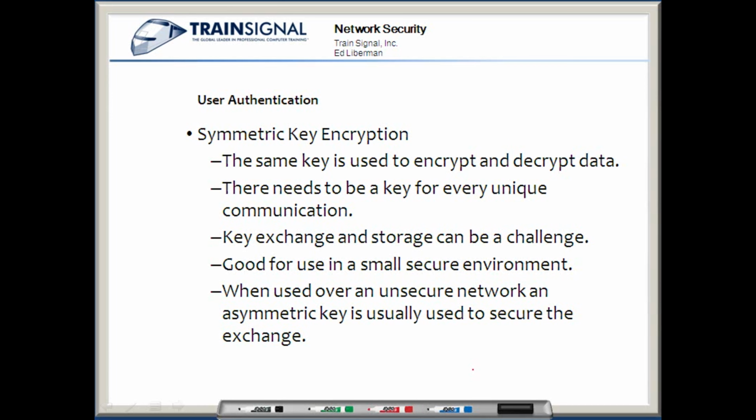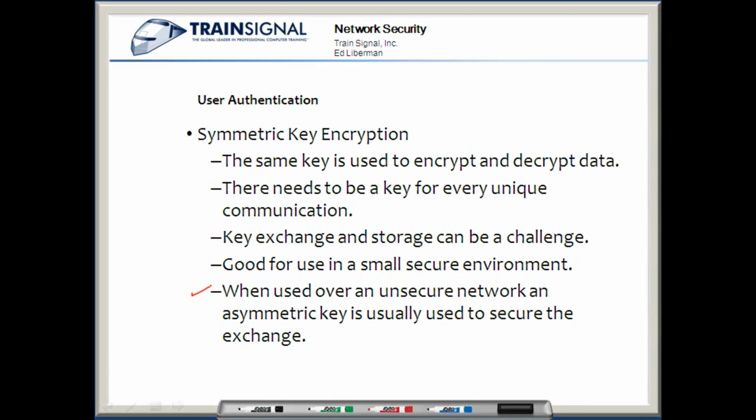If I say to you, hey, the key is going to be that we go up 2 letters, someone might hear that, and now that communication has to be secured. So actually, when you use symmetric key encryption, and I'm skipping ahead to the last point I have here, if you're going to communicate that key, if I'm going to say to you, hey, the key is go up 2 letters.